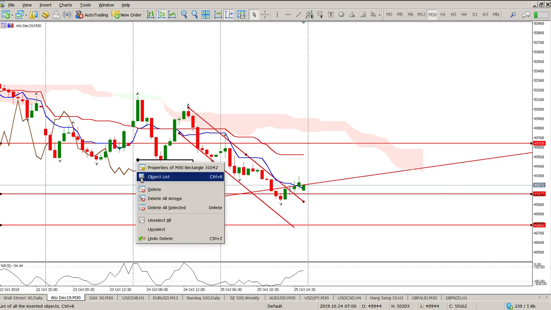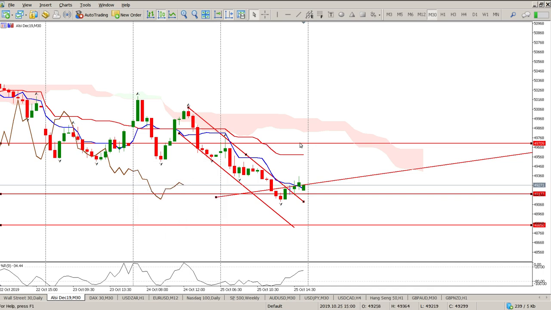Let's just delete that. So this is the underside of the daily cloud. So we could still move all the way up to this area. Not even underside, we could come back to test this area here and then move back down. Okay, but at this stage we do have a little channel break as far as I'm concerned.